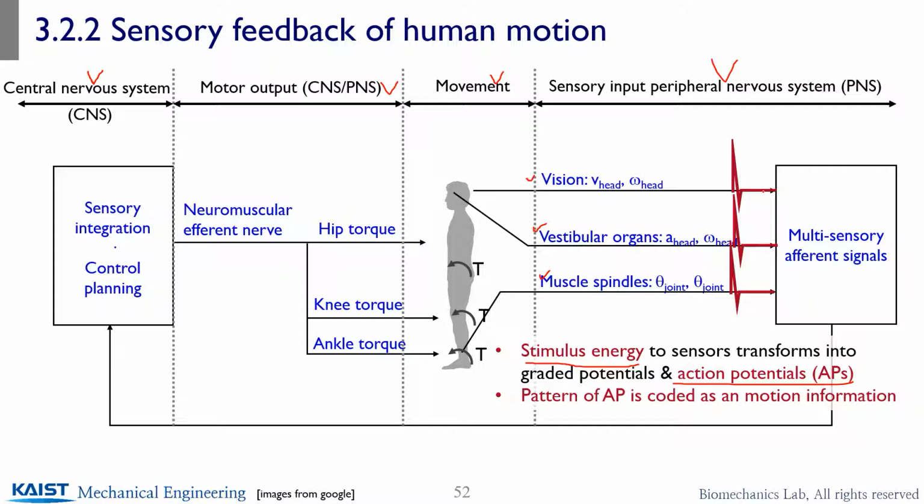That is the sensory coding. Next, we are going to go over in a little more detail how vision, the vestibular organ, and muscle spindles transfer the movement signals into electrical signals, like action potentials, and which brain parts are involved in processing them.